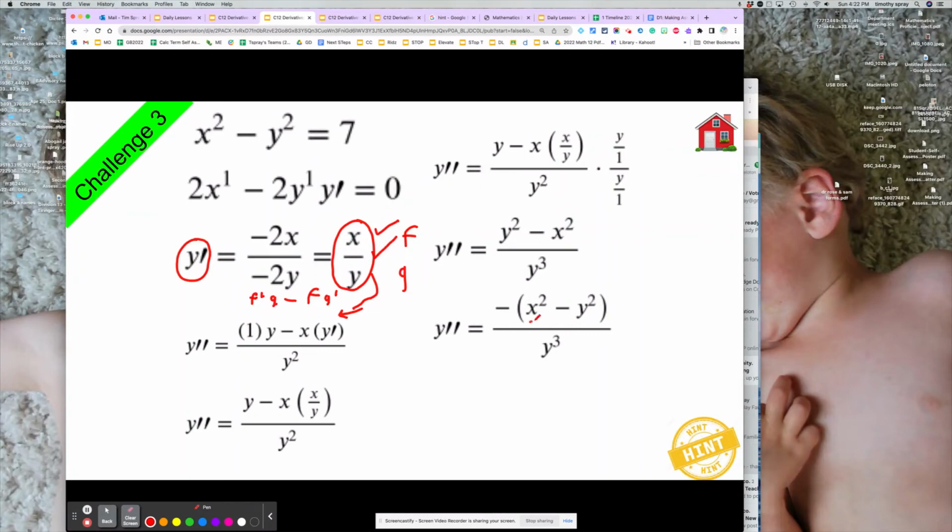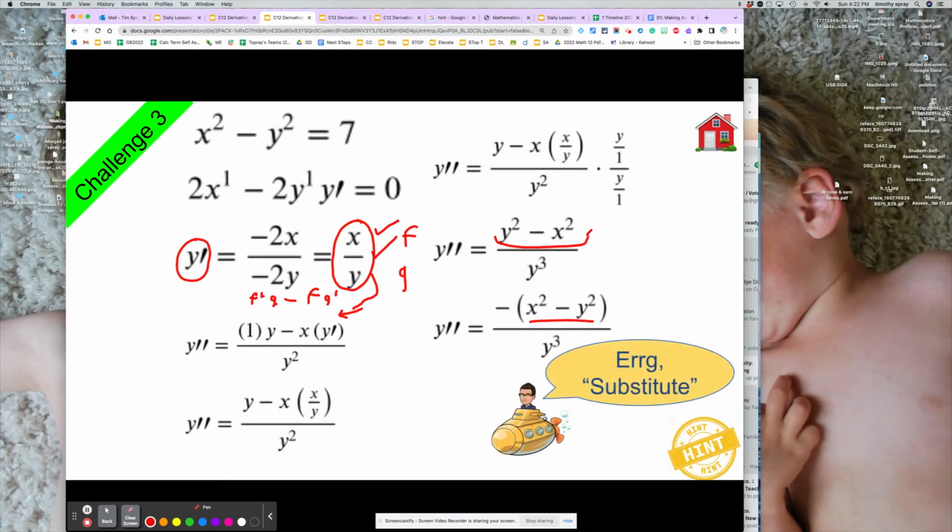Now, at this point here, we could write that another way. I want you to look at this screen really carefully and see if you can notice and wonder another way of writing this. And you know what? You might have been able to do it right here as well if you notice and wonder. And I'm really tempted to just click until the end and it says substitute. What could we possibly substitute for x squared minus y squared?